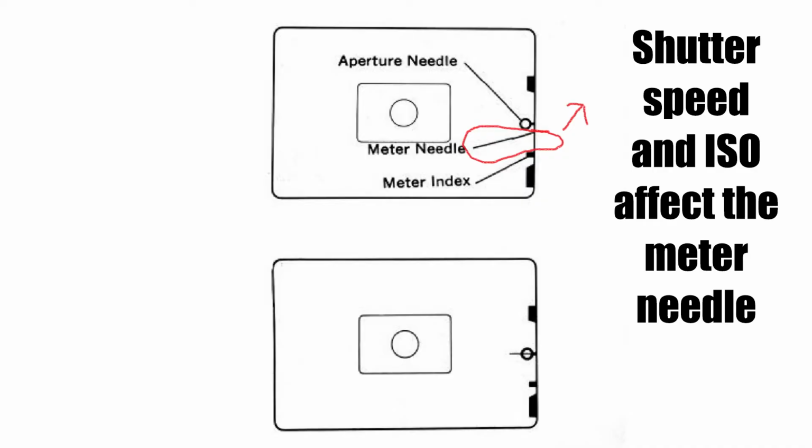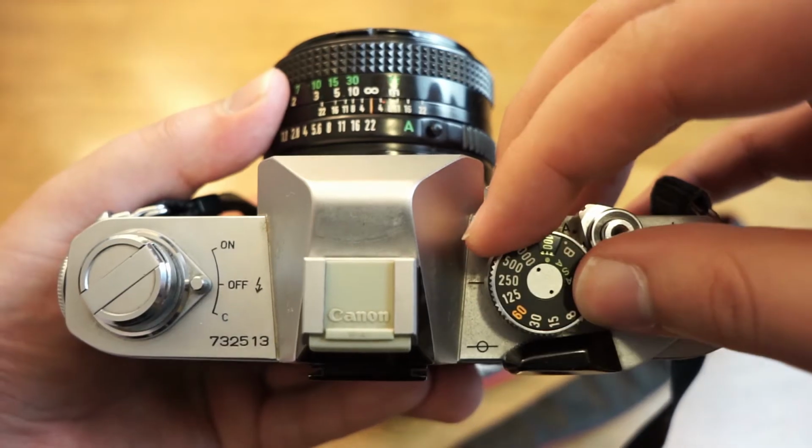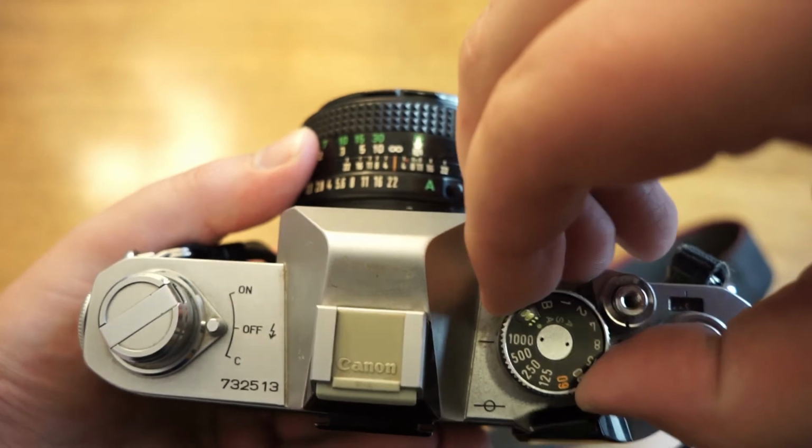The other needle is coupled with your shutter speed and the ISO dial. So when you adjust either of those two things, the needle will either move up or down. And the needle also moves based on the available light coming into the lens. So if you have your light meter turned on and you point it at a bright light source, it'll change, or a darker source where there's less light, it'll also change.